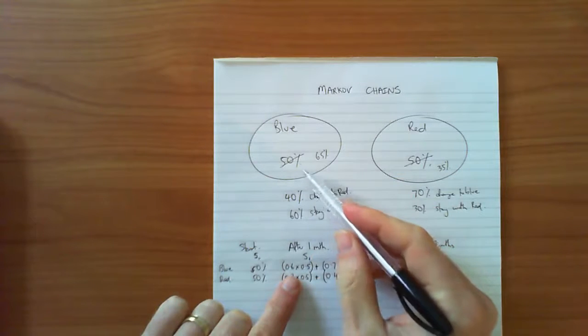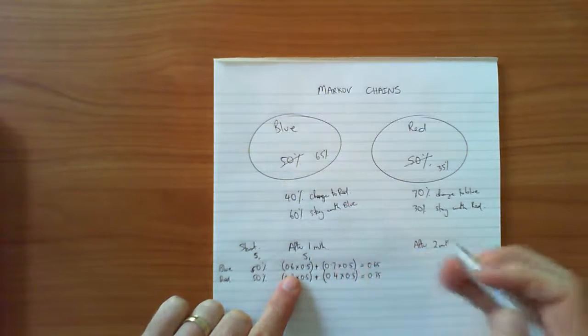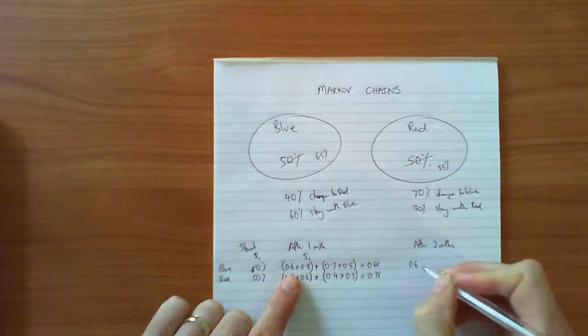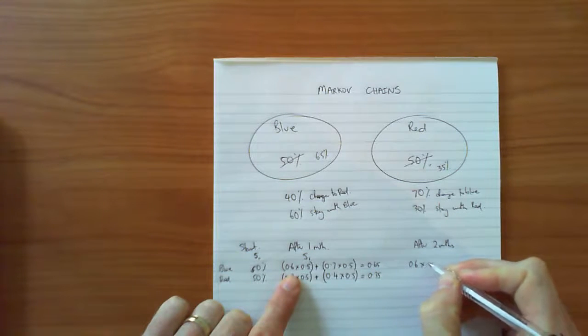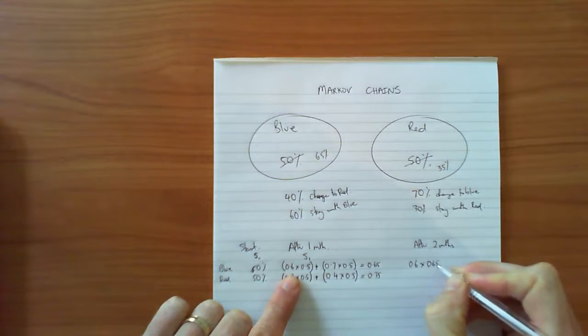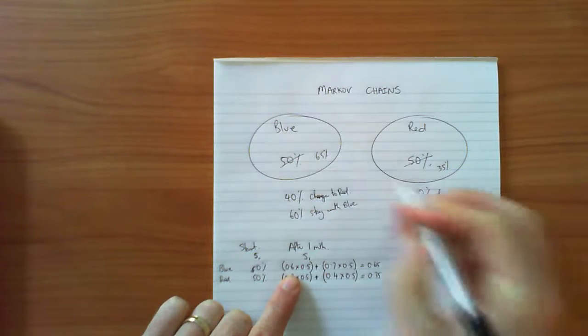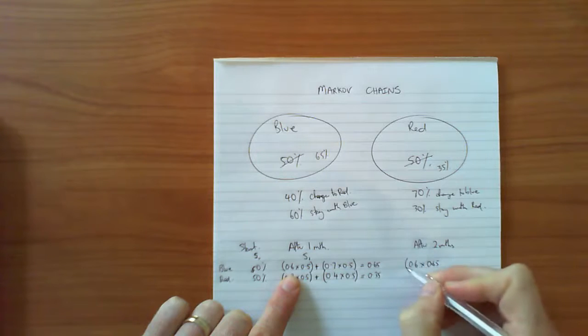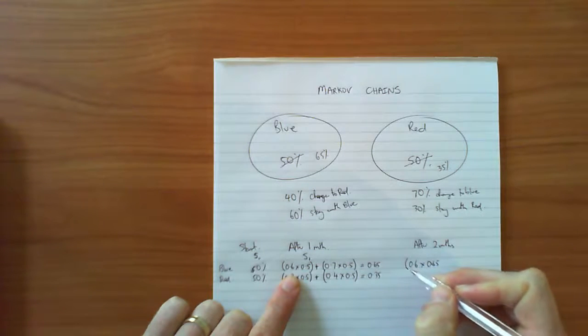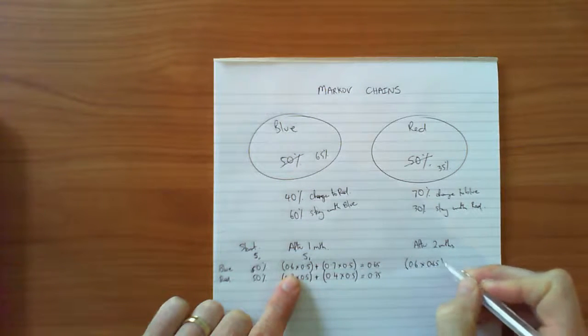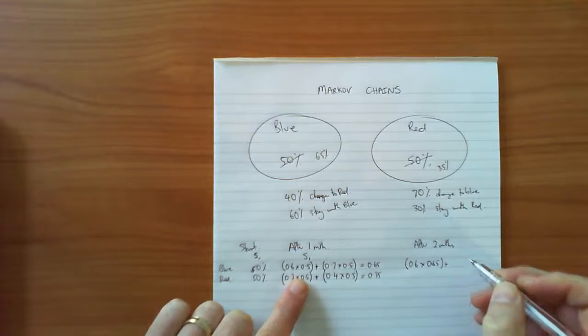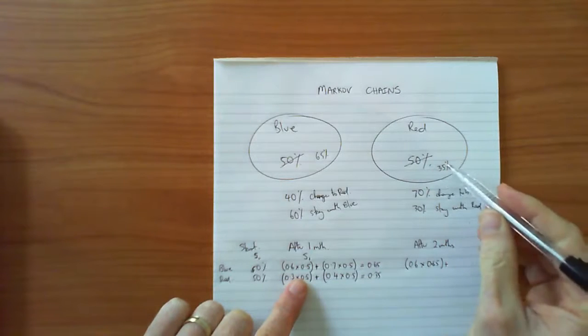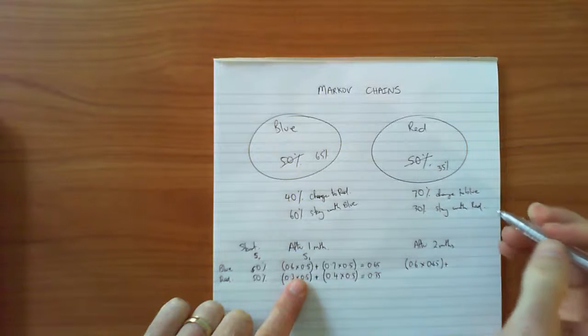The blue drinkers, 60% stay with blue. So 60% of the current blue drinking population, which is 0.65, okay, this number here, plus the proportion of red drinkers that change to blue.